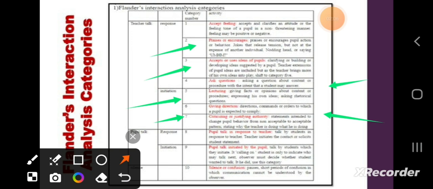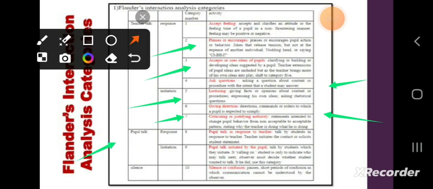Next, pupil talk in response to teachers. Activity. Student responses to questions or comments initiated by the teacher. Pupil talk initiated by the pupil. Student-initiated comments or questions where students take the lead in the conversation.